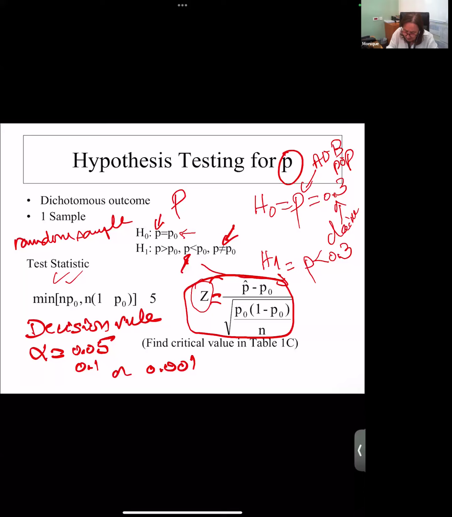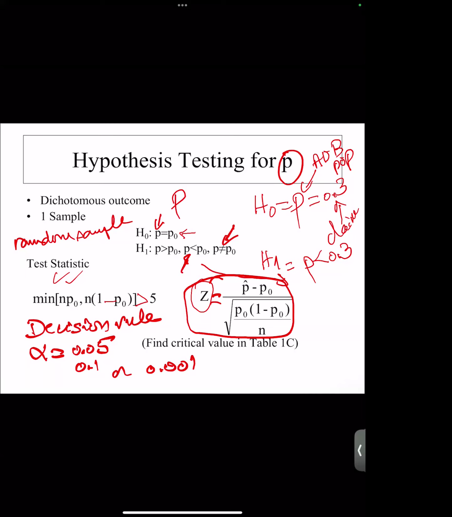We tested whether NP0 and N(1 minus P0) are greater than 5. Do you remember that specific condition?